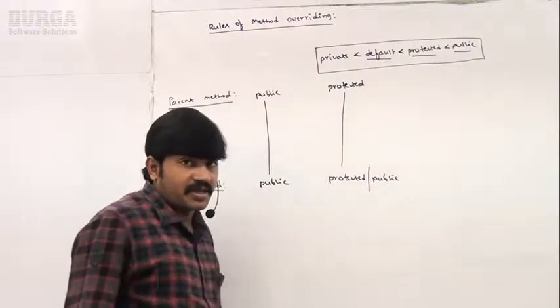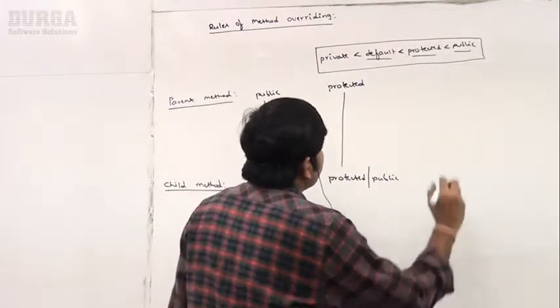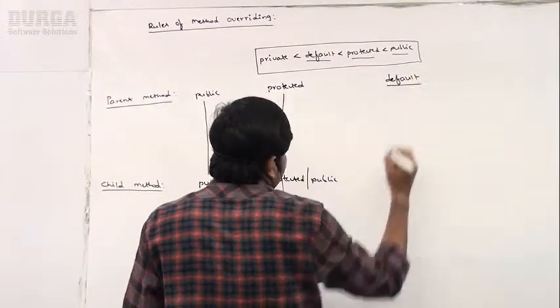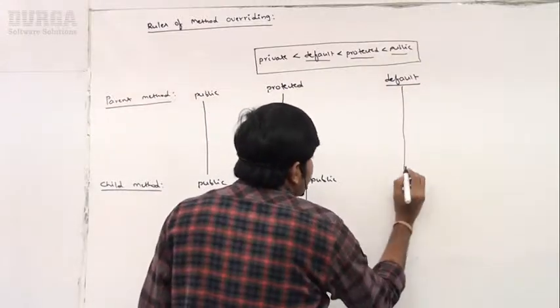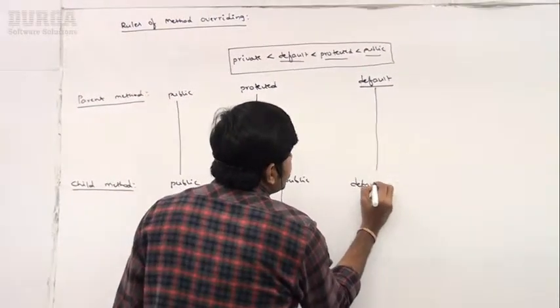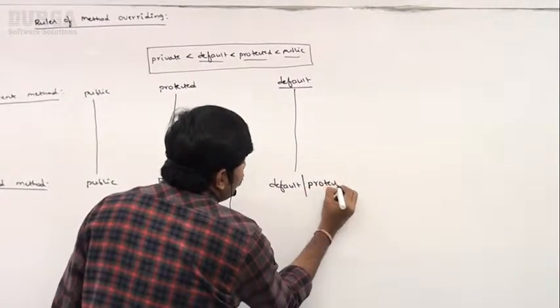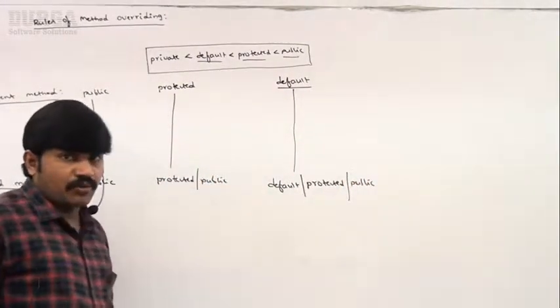Similarly, if the parent class method is default, the child class method can be default, protected, or public.